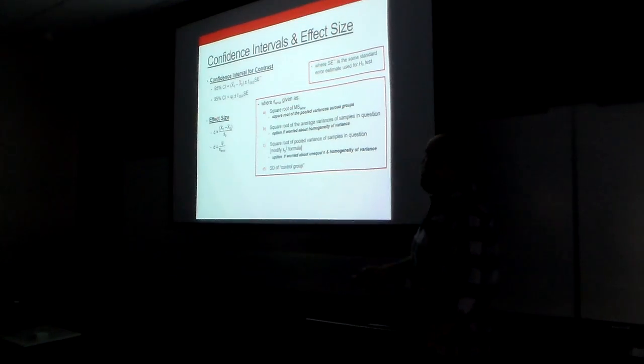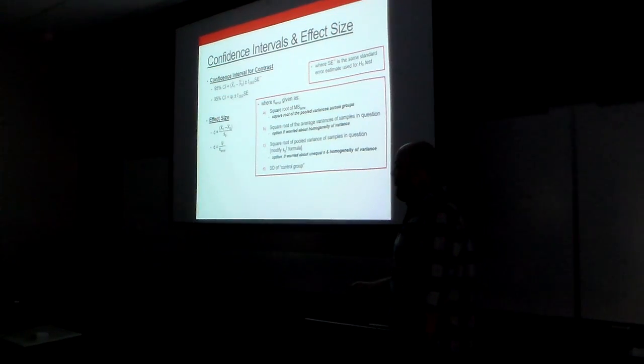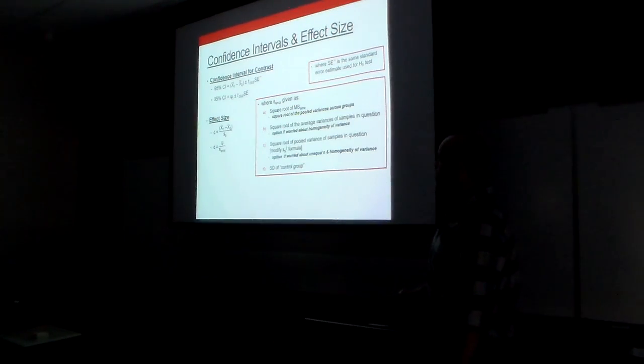So cool, if I've got a relatively balanced design, I haven't violated homogeneity of variance, mean squared error is a nice within group error estimate that we can take, and it's probably going to be more precise than my estimate of variance within any individual group, because this is going to be based on everybody in the design, right? But I could also go through and calculate my standardizer here as the square root of the average variances of the samples in question, right?